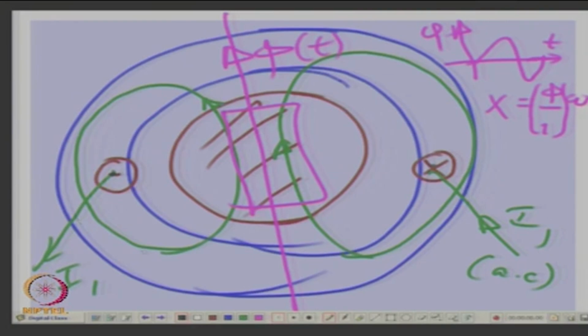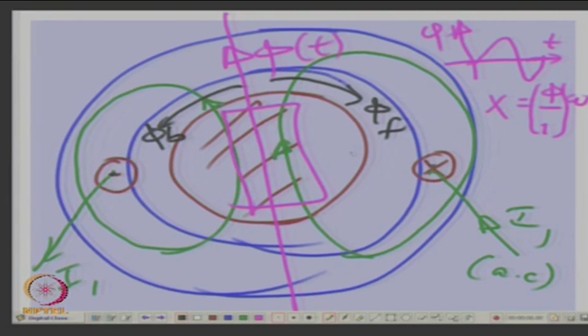Now we said this is equivalent to two fluxes, phi forward and phi backward, both equal. So if you have 1 Weber, it is equal to half Weber this way and half Weber the other way. The net effect will be the same as pulsating, but you consider this to be a rotating flux instead of a pulsating flux.